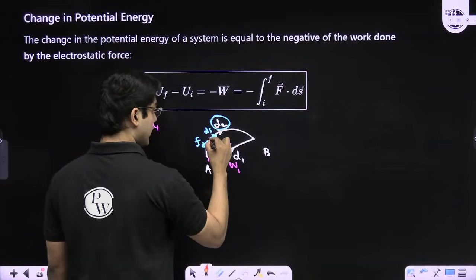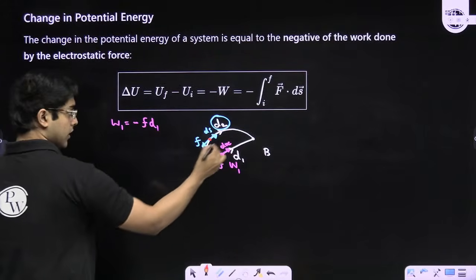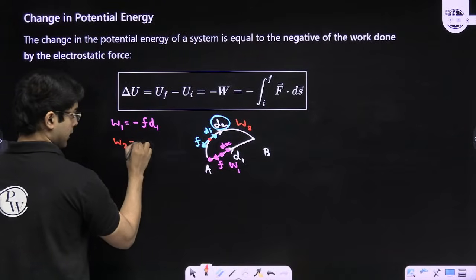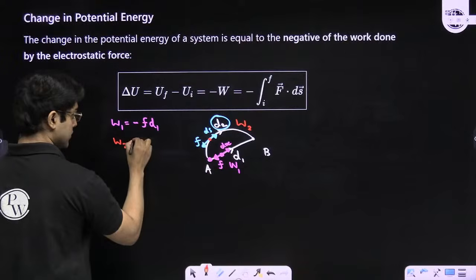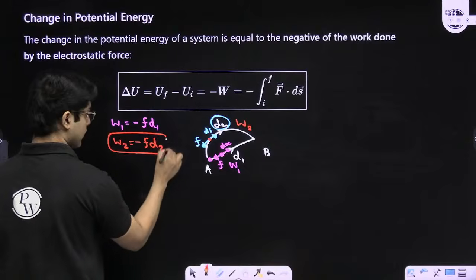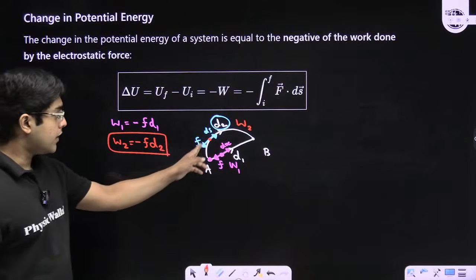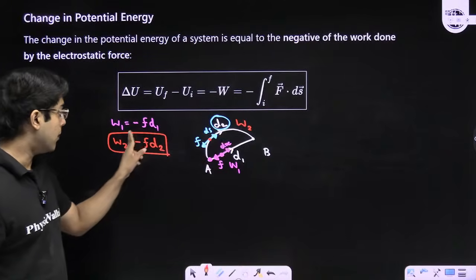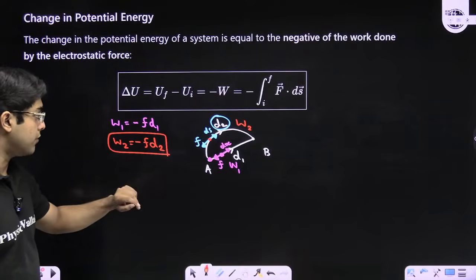Here if you try to calculate the work done and call it as W2, the W2 will be different. It depends on this distance, which is minus F into D2. So here you are dragging the body along a longer path, so work by friction will be different.